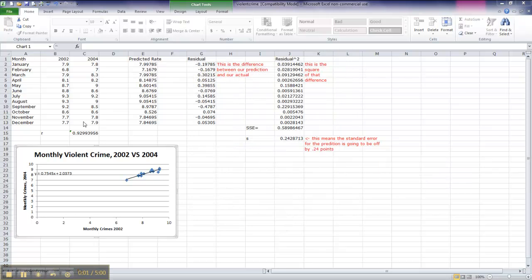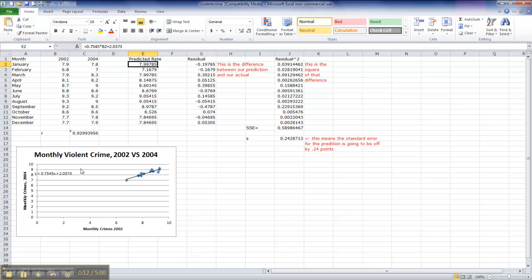So the first thing we need to do when calculating our SSE is we need to take what our predicted rate is. So what I did is I took my formula from here and programmed Excel to take my X values, or my 2002 values, and crank out what it thinks will be our Y value.